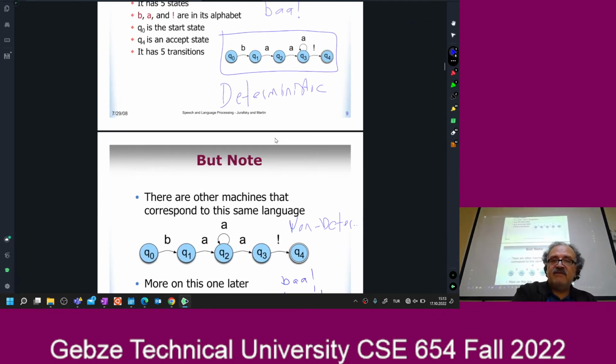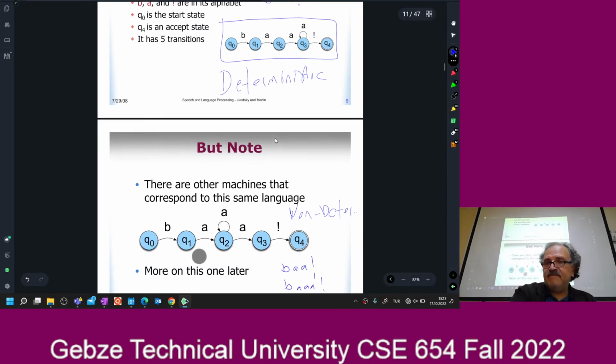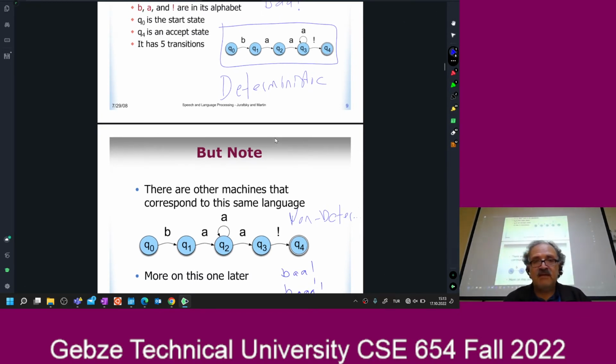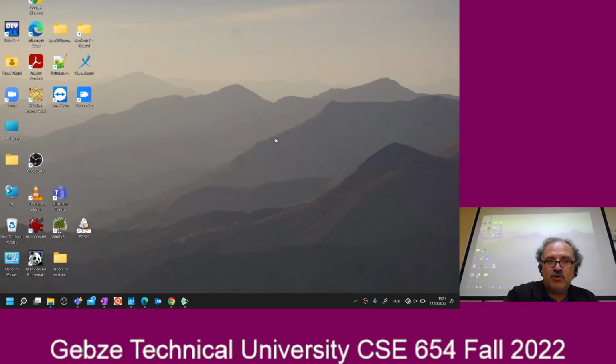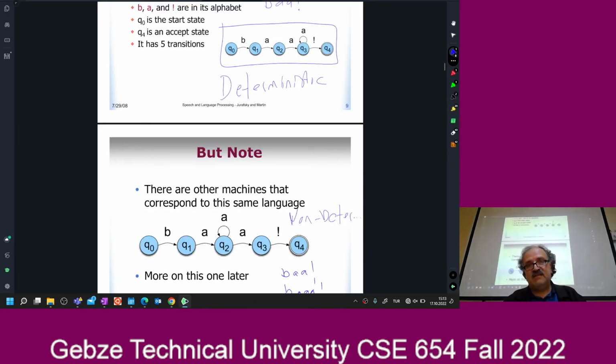If somebody gives you this non-deterministic finite state automata, there is a way to convert this to a deterministic finite state automata, always. So there is always a corresponding deterministic finite state automata.